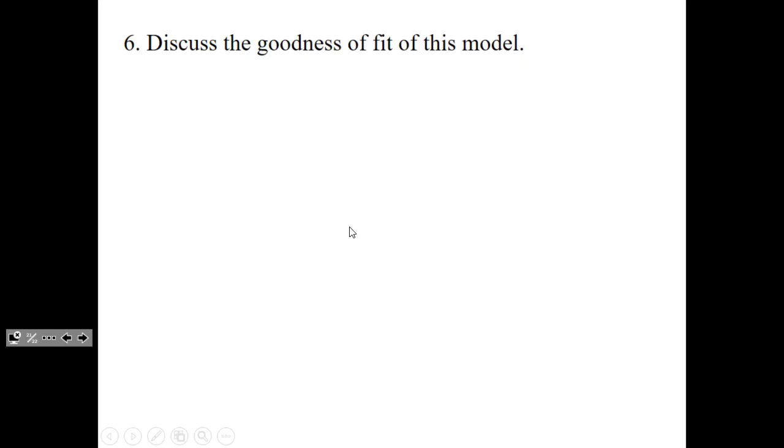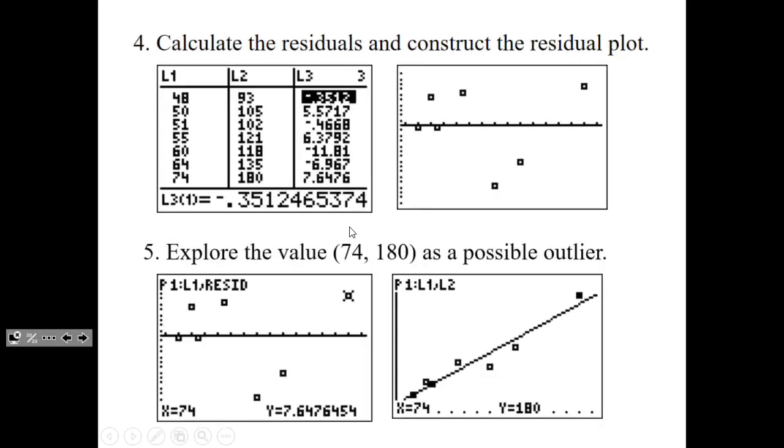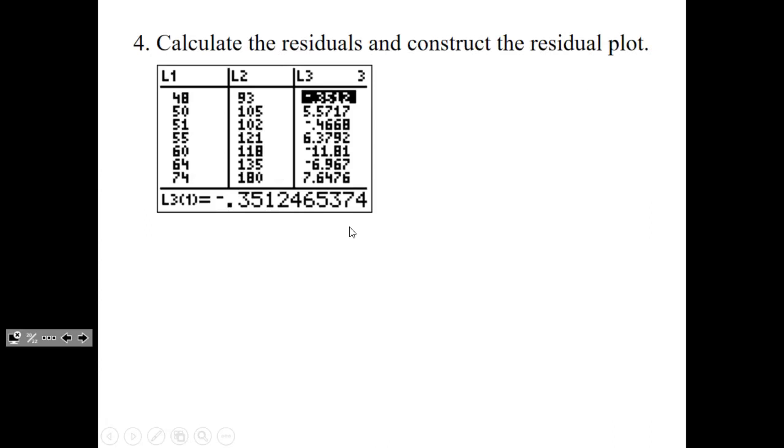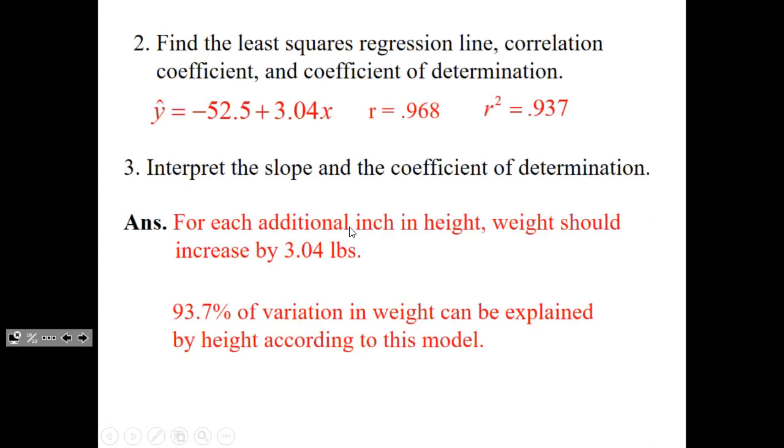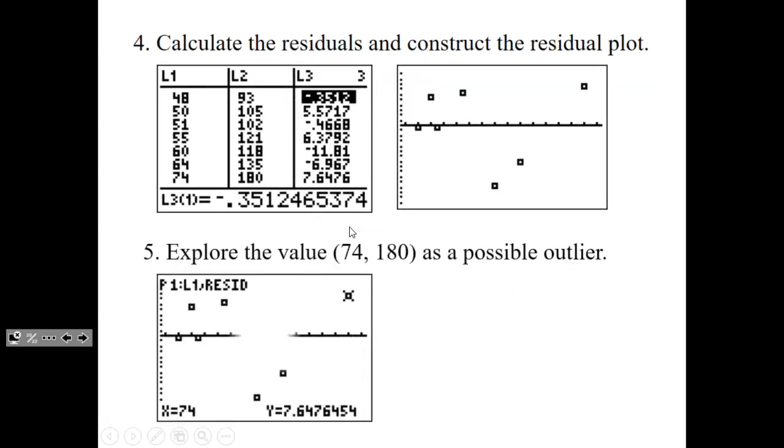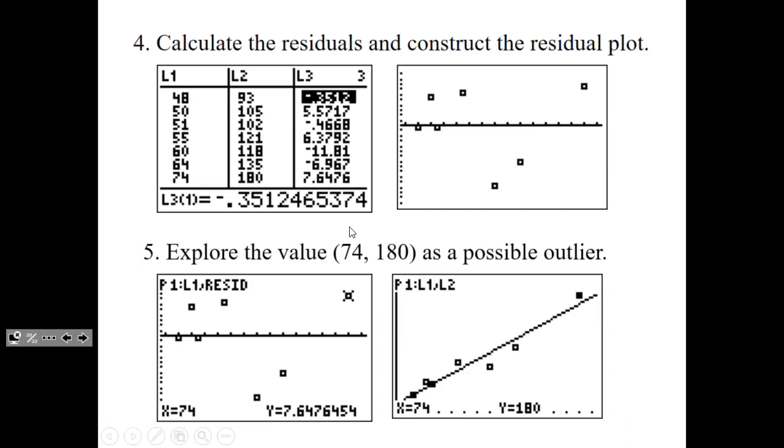Now, let's talk about the goodness of fit of this model. Let's go back and look at those. We got our residuals. We got our scatter plot. We had our R and our R squared. R, 0.96. R squared, 0.937. So scatter plot and residuals again. Residuals, kind of random. Scatter plot looks fairly linear.